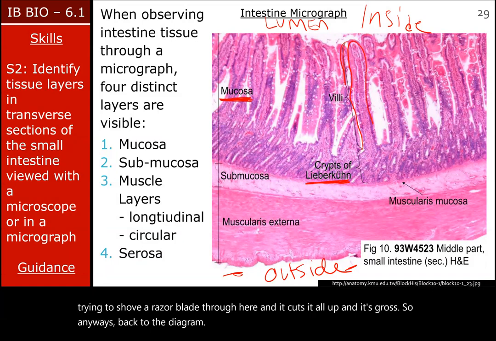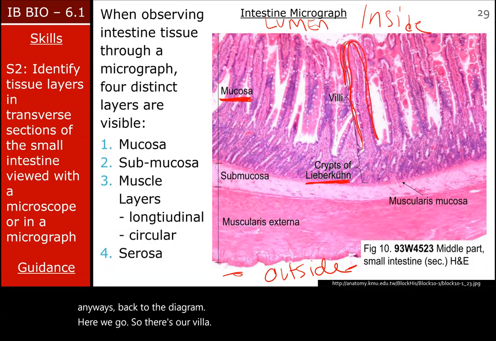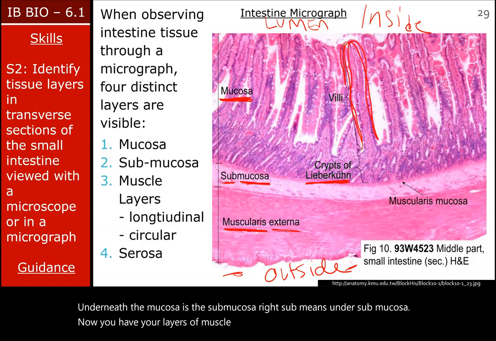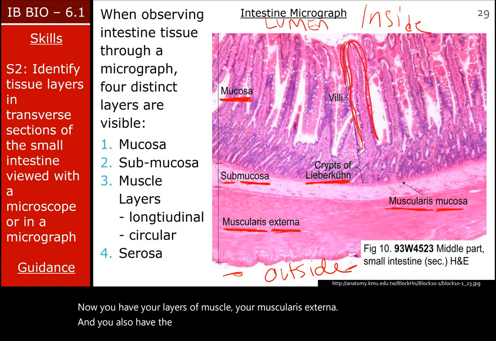Here we go. So there's our villi. The layer in which these villi occur is called the mucosa. Underneath the mucosa is the submucosa, right? Sub means under, submucosa. Now you have your layers of muscle, your muscularis externa, and you also have the muscularis mucosa, right?